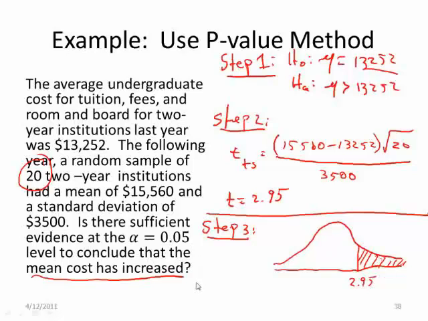So again, we can go tcdf, lower bound 2.95, upper bound is E99, and our degrees of freedom is 19. And when you compute that, I came up with 0.0041.